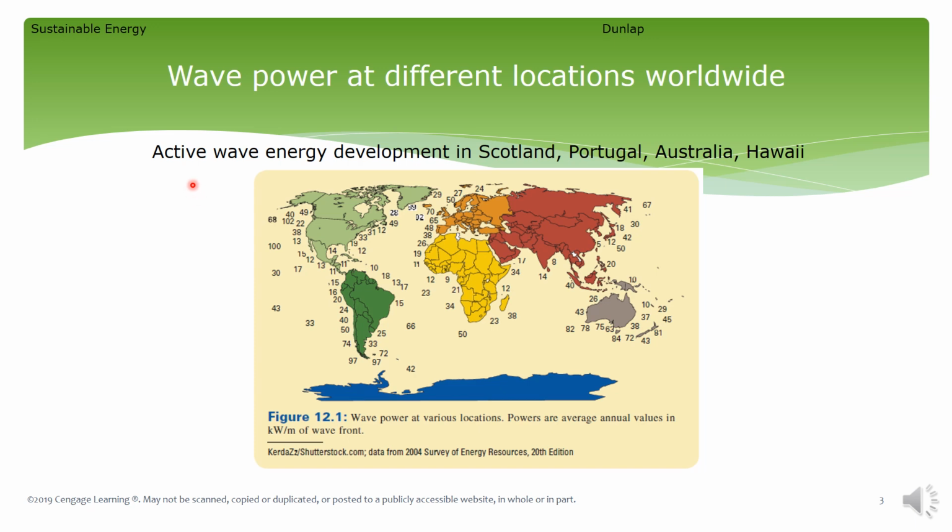As you can see here, Scotland, Portugal, Australia, Hawaii have an abundant source of wave energy. So in these regions, there is active development of wave energy.